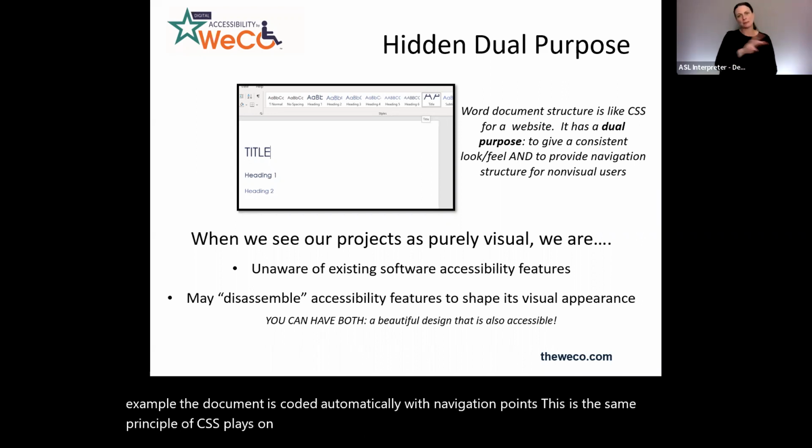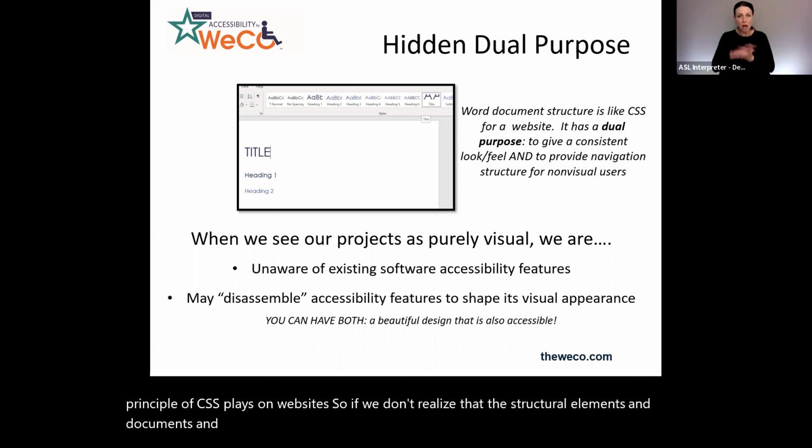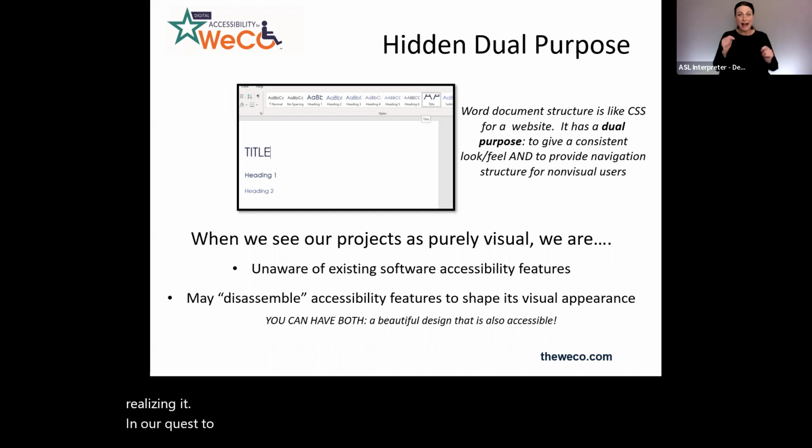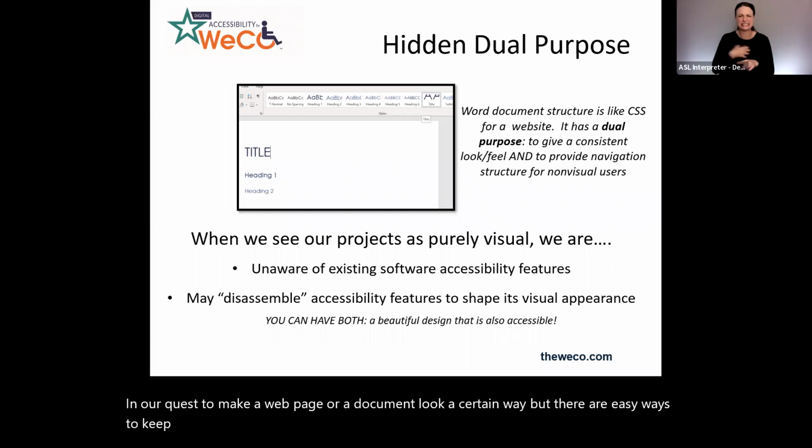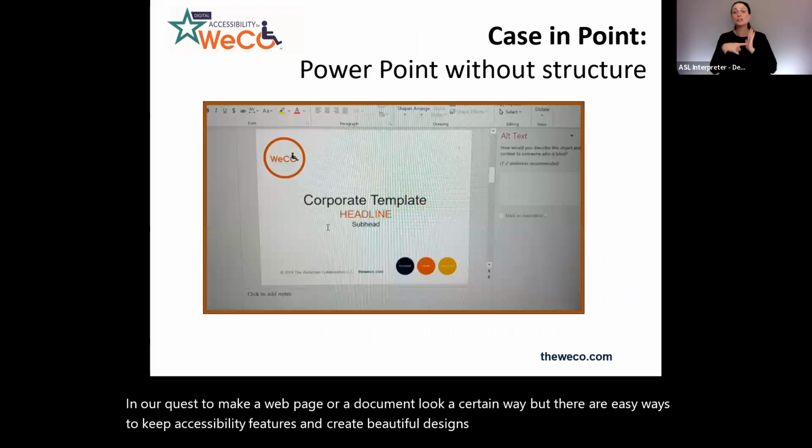If we don't realize that the structural elements in documents and web pages are also navigation points, we might remove them without realizing it in our quest to make a web page or a document look a certain way. But there are easy ways to keep accessibility features and create beautiful designs, and we are going to show you that next.